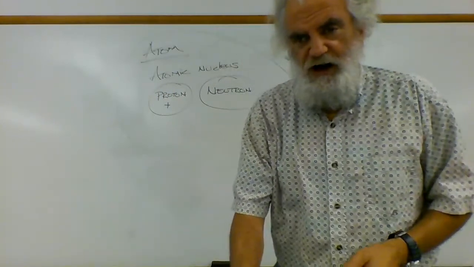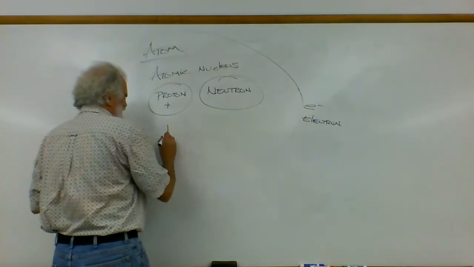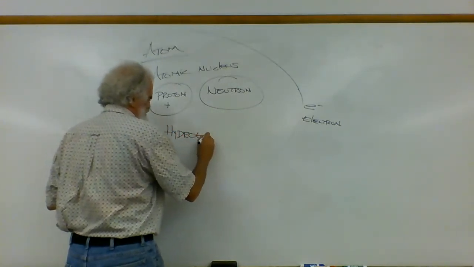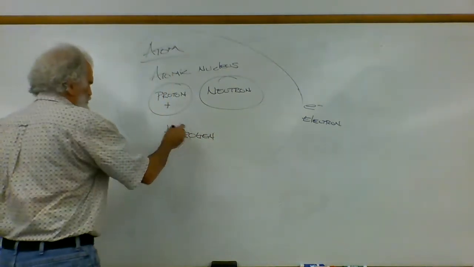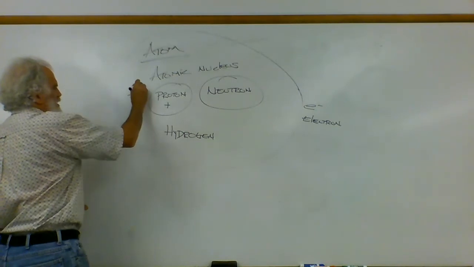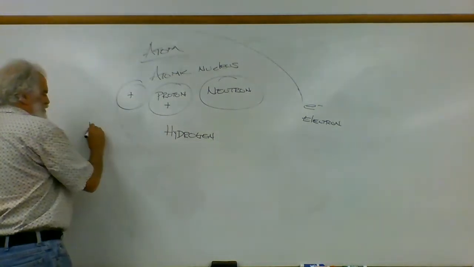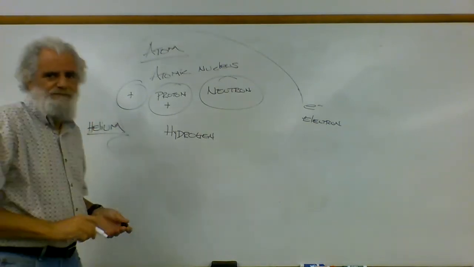So if we look at our drawing here, with one proton, one neutron, we have diagrammed hydrogen. This is the atomic nucleus of hydrogen. Now, if we add another proton, right here, instead of hydrogen, we've now made helium.